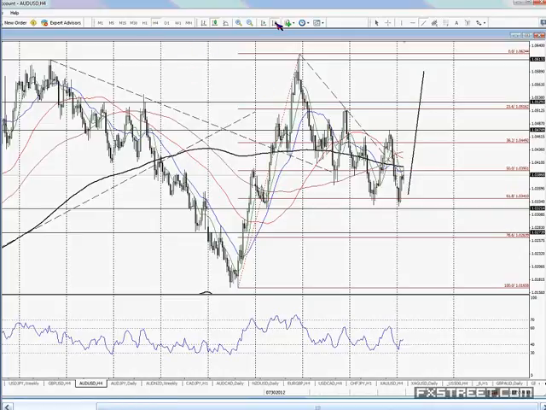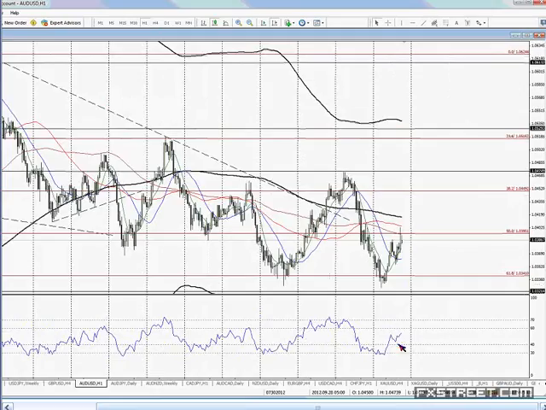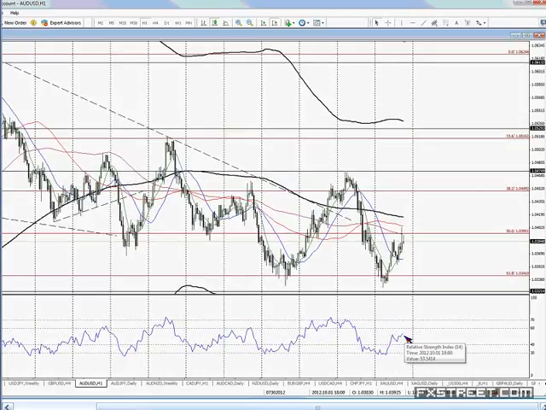So Aussie dollar, let's go to the 1 hour chart. In the 1 hour chart, you see the RSI swinging back and forth. Now, not a very good clue of direction at the moment. And we're actually still creating lower lows, lower highs, although here it looks like we could be forming a double bottom.